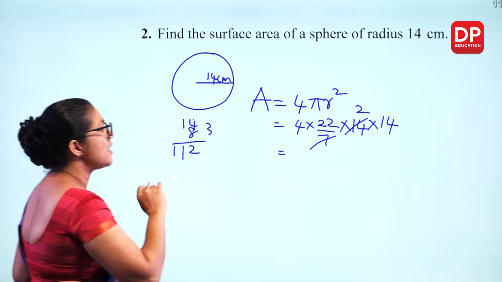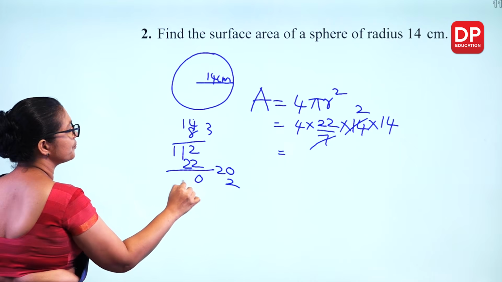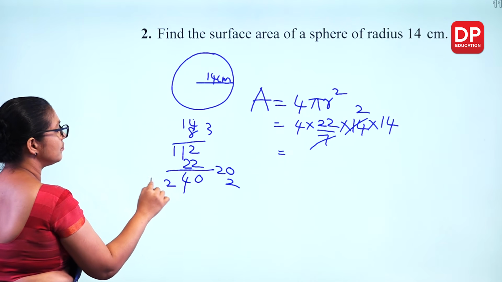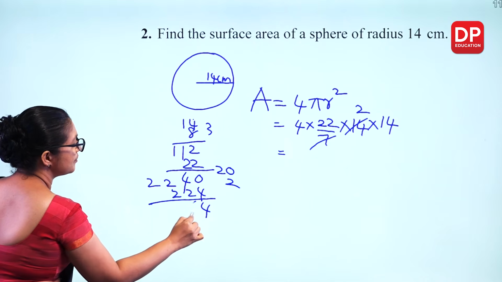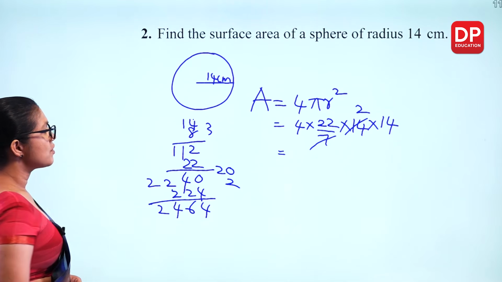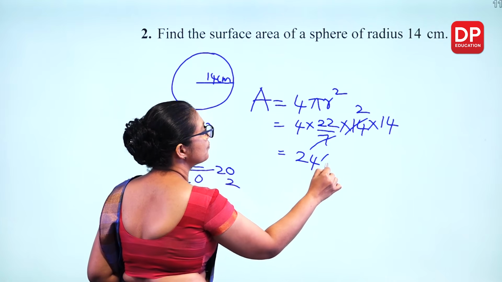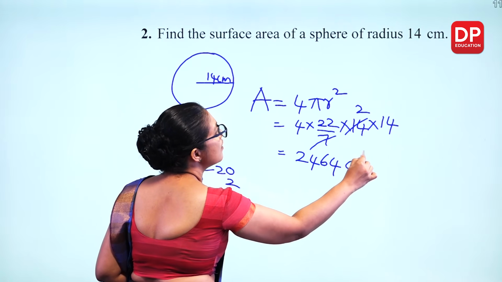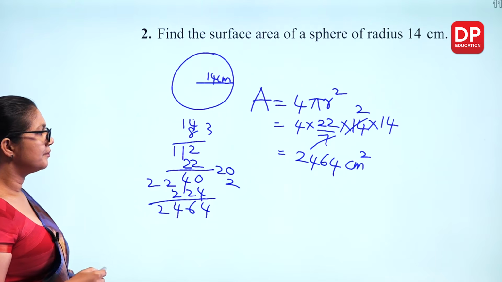So you have to multiply this by 22 again. 20 and 2. So what you are getting? 2464 square centimeters is the surface area.